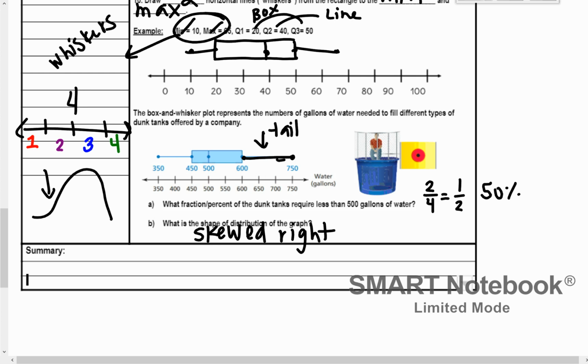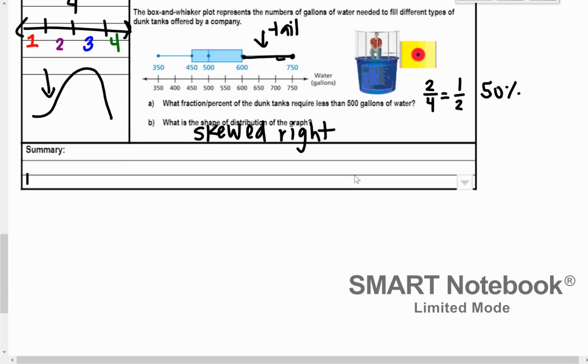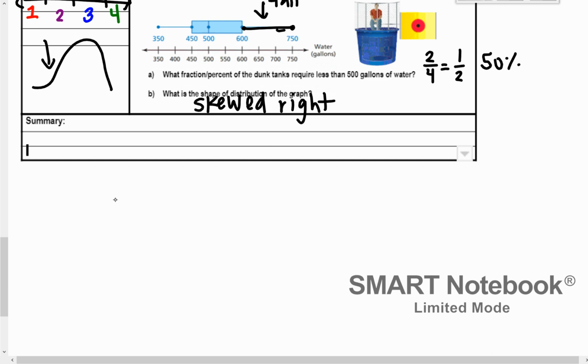All right, so you're done with your note page. However, I do want you to watch me do some more examples of shape of distribution, just so we can see more examples. For this one, we would look at which whisker is longer. That's what we consider the tail, and that's the side that it's skewed on.